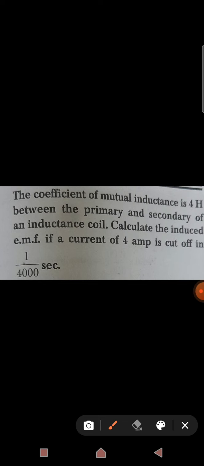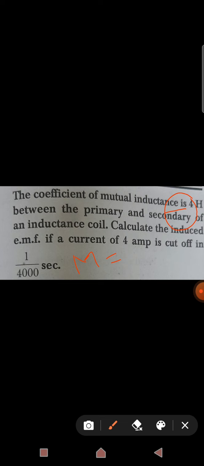The next question says that the coefficient of mutual inductance is 4 Henry. So now the value of M is given. Reading the question will give us the detailed information, and once we get it, we can apply the formula which we have studied in the theory.